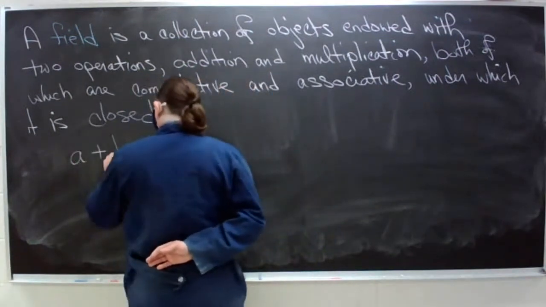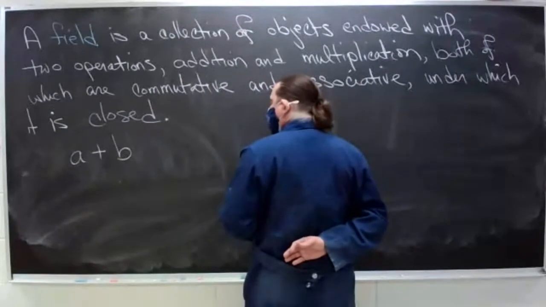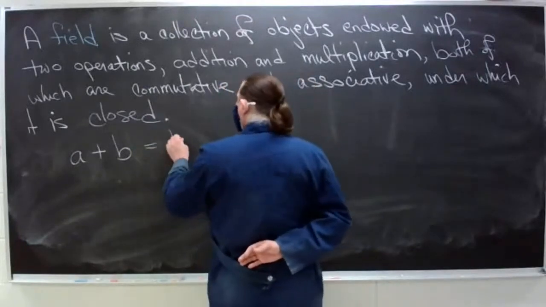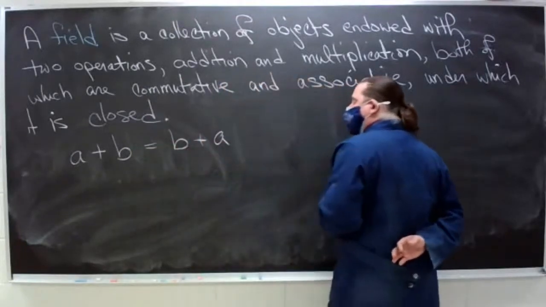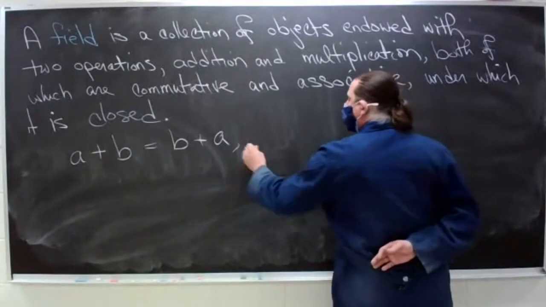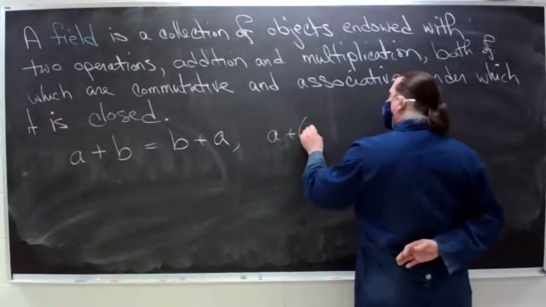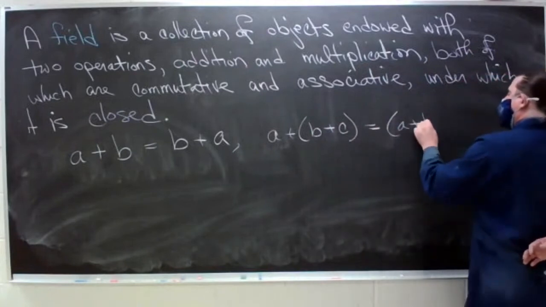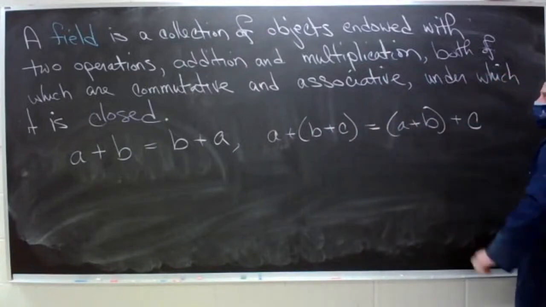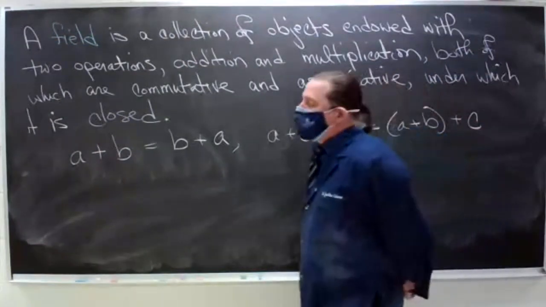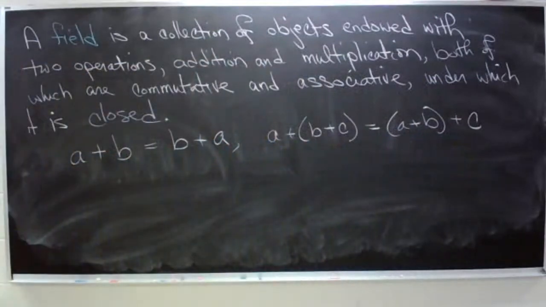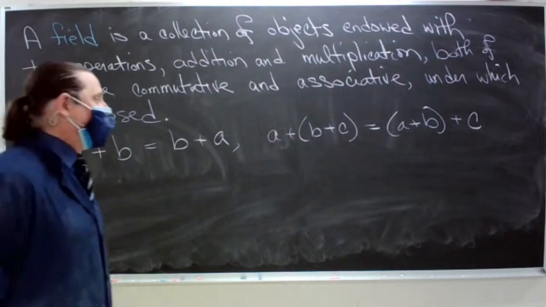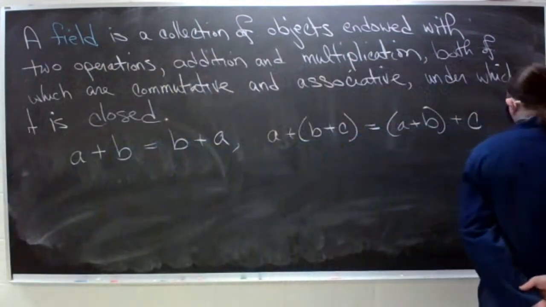So if I had A plus B, that's equal to B plus A. A plus the sum of B and C is equal to the sum of A and B and C.